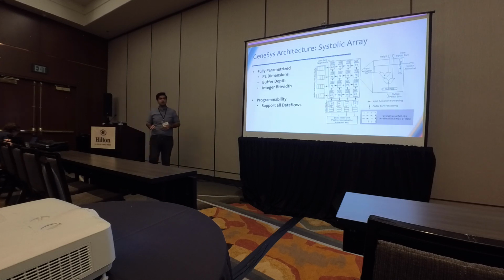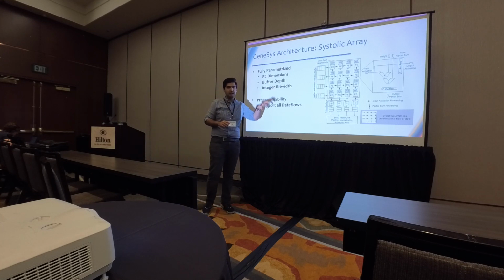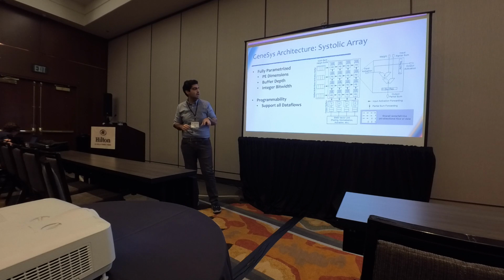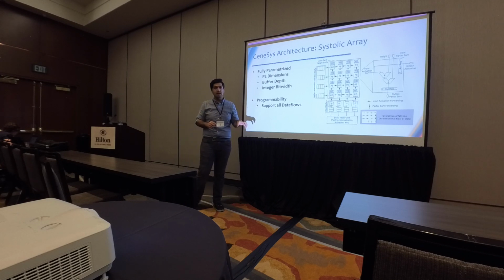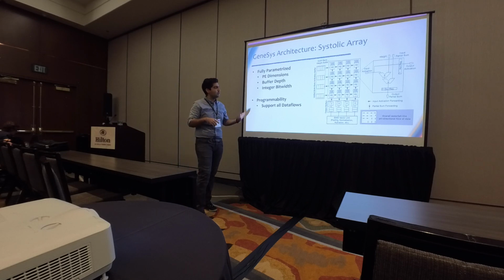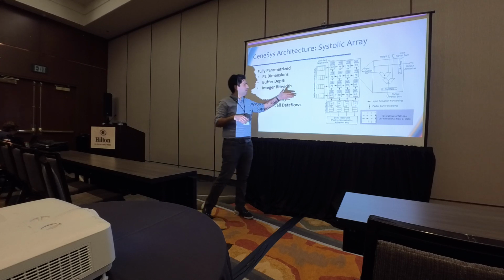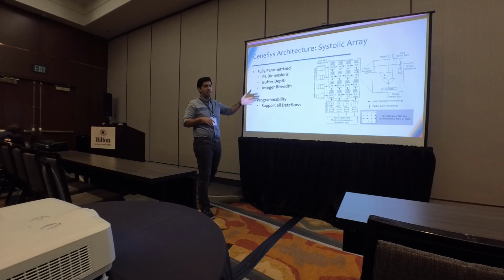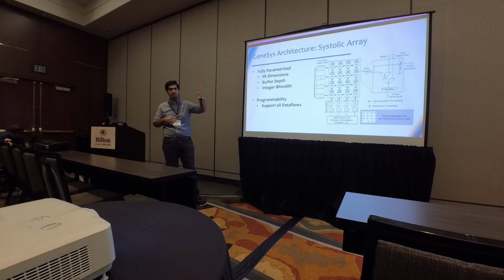So first, let's talk about the systolic array architecture. As I mentioned, it's a 2D grid of processing elements, and each processing element is merely a multiply-add unit. It does multiplication and accumulates the result in a register. And the overall execution is, on the left you have your input activation buffer. You access the inputs.